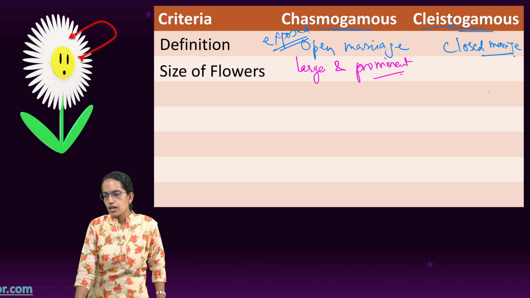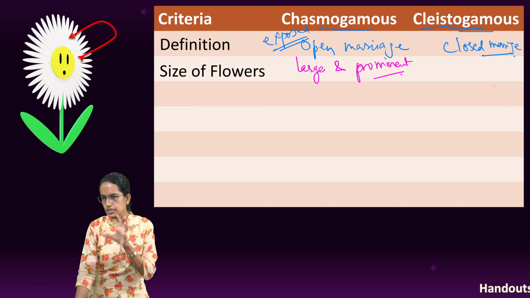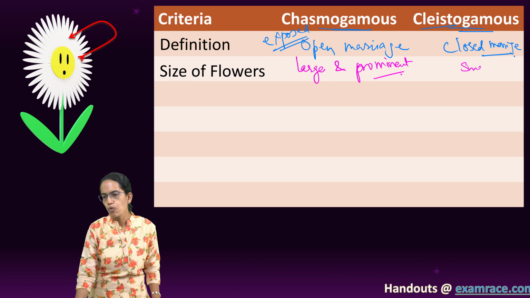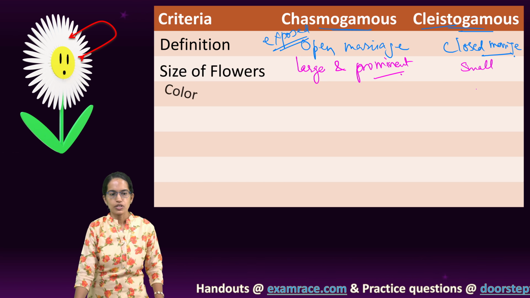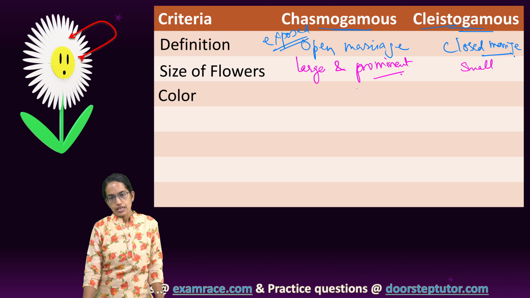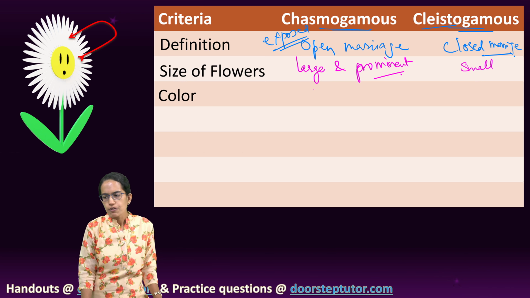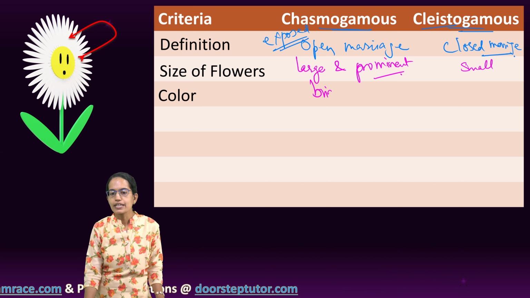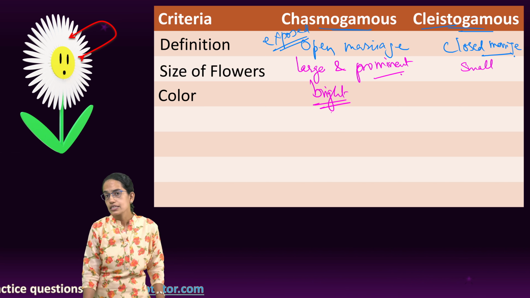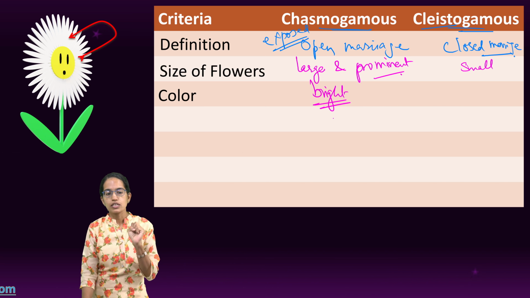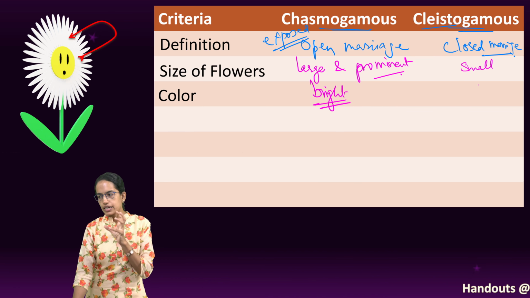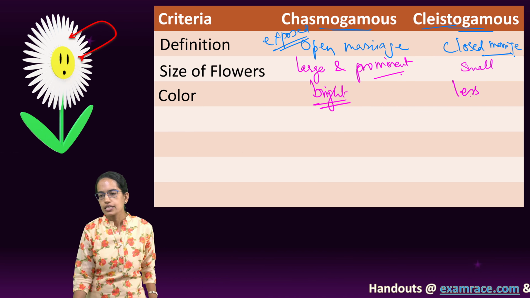However, in the case of Cleistogamous, they are very, very small and usually indistinguishable. You cannot distinguish them further. The next is color. Chasmogamous have beautiful, bright colors, and this is the reason that external pollinators get attracted towards the color. However, under Cleistogamous, they are less colorful.